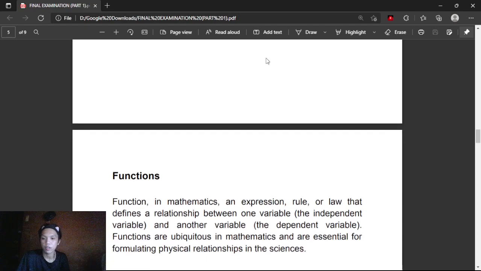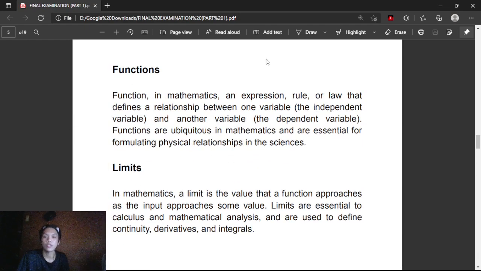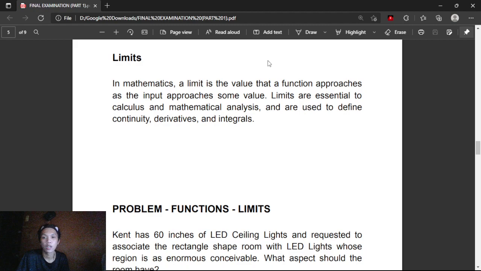So moving on, functions. In mathematics, a function is an expression, rule, or law that defines a relationship between one variable, the independent variable, and another variable, the dependent variable. Functions are ubiquitous in mathematics and are essential for formulating physical relationships in the sciences. So I did choose limits. A limit in mathematics is the value that a function approaches as the input approaches some value.